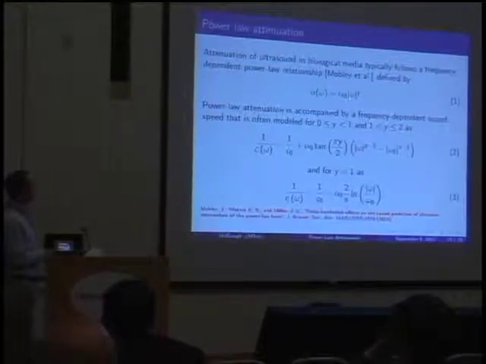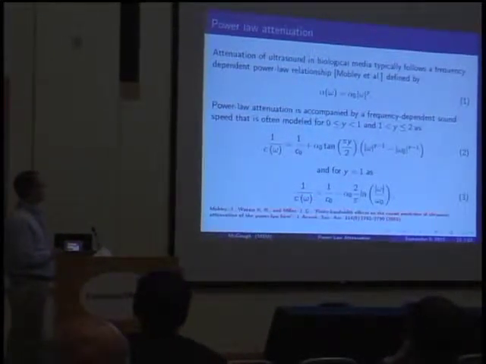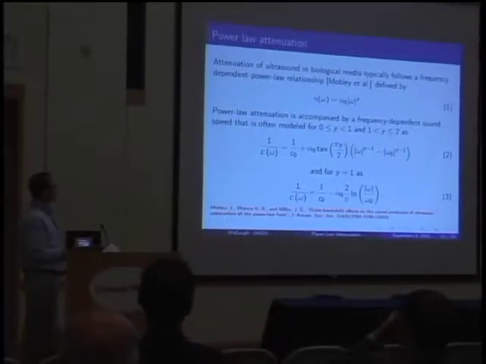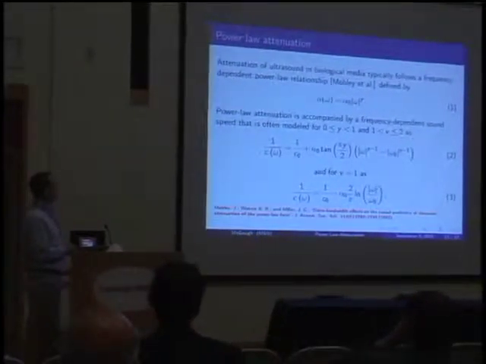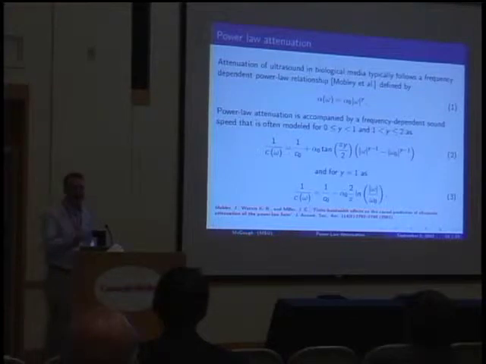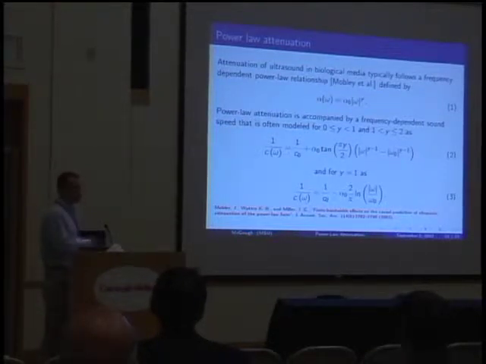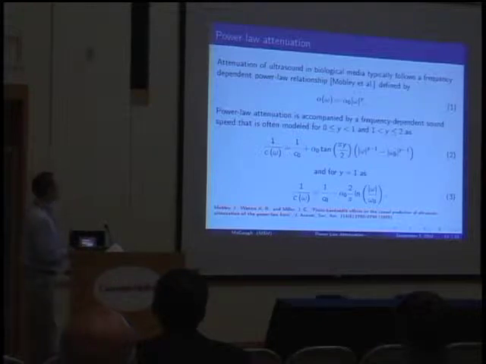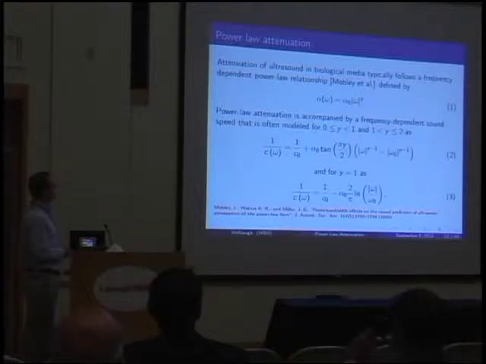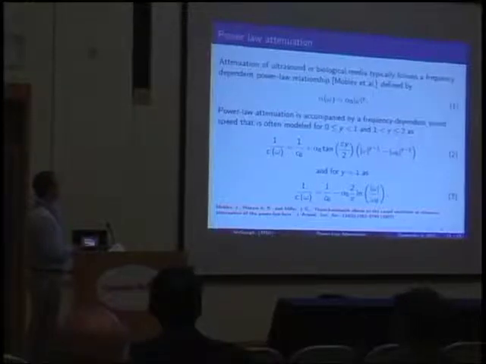It is described by a proportionality factor, alpha naught, multiplied by the frequency in radians per second to the y power, where in biological tissues, y is typically between 1 and 1.5. Likewise, we know that power law attenuation is also accompanied by a frequency-dependent speed of sound, which is described by this expression here.